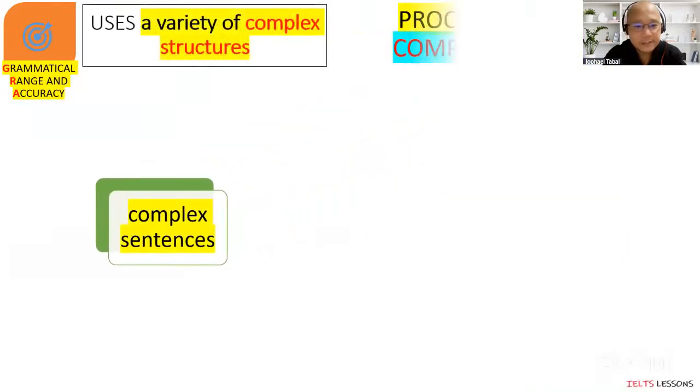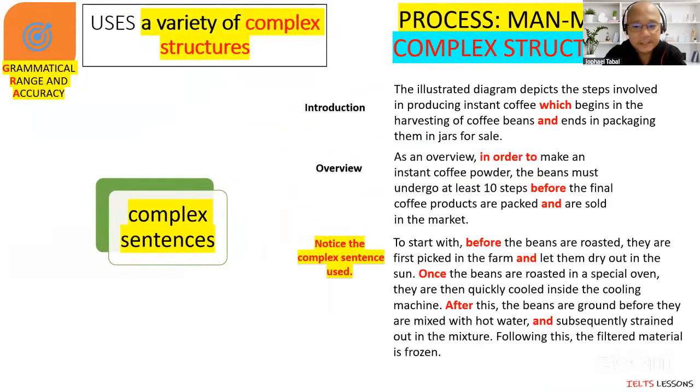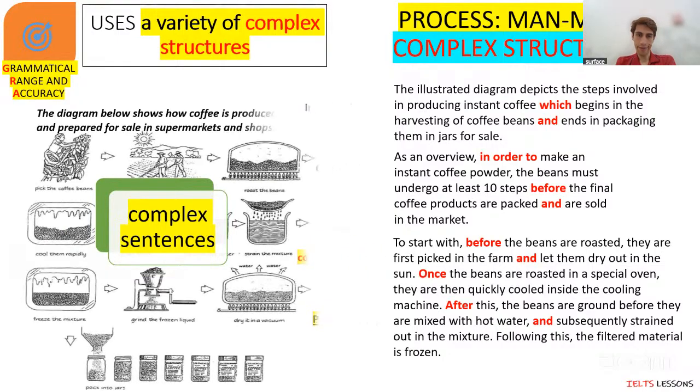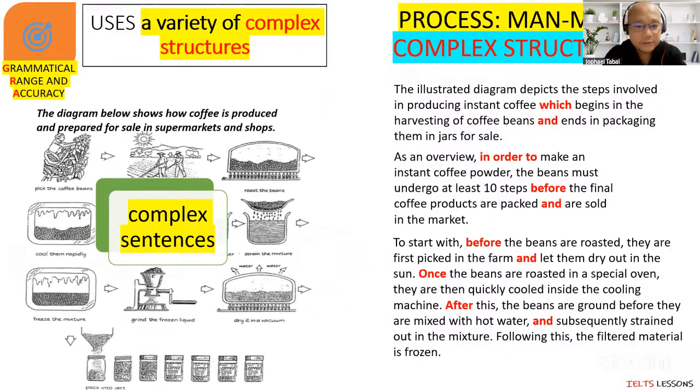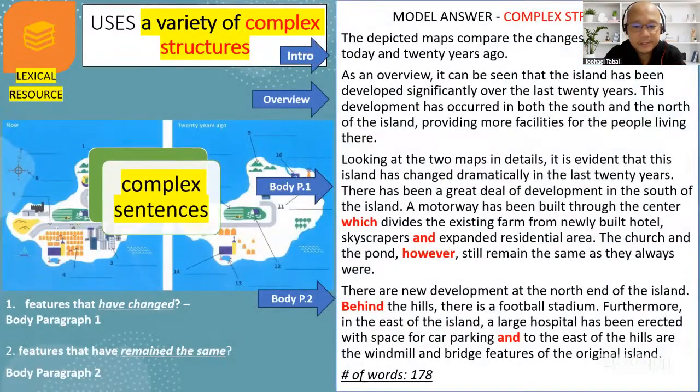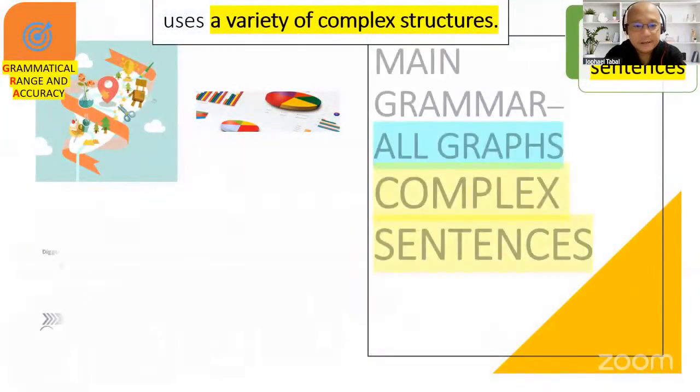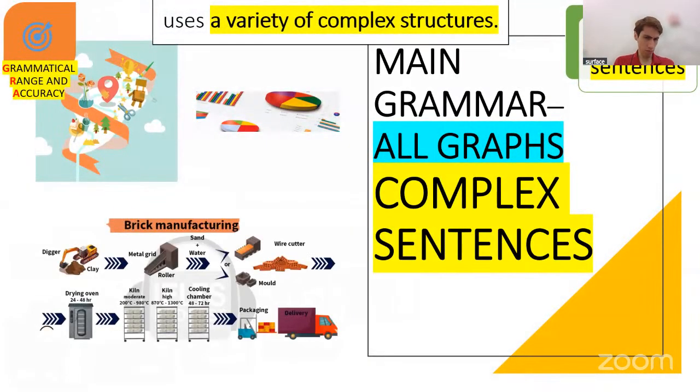So we've learned last meeting about complex sentences and passive voice. Even in Writing Task 1, we use passive voice. The first reason is that it sounds academic.